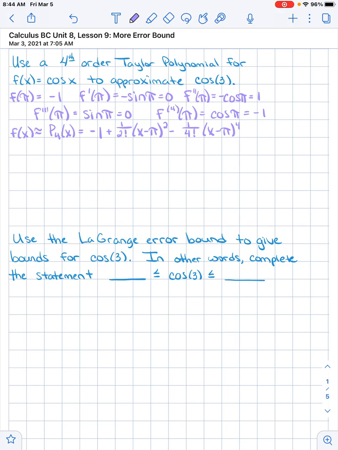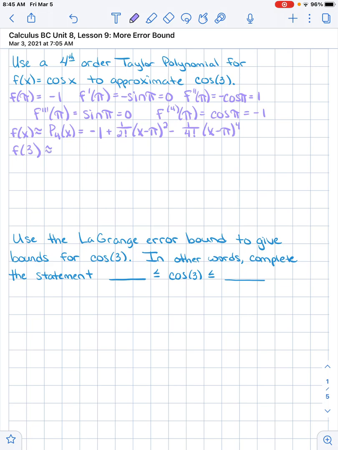This one's going to be a little bit cheap because we're going to actually use a calculator, but we're not going to use the graphing part of the calculator. I'm just going to use the scientific part of the calculator because I'm going to use it now to estimate the cosine of 3.